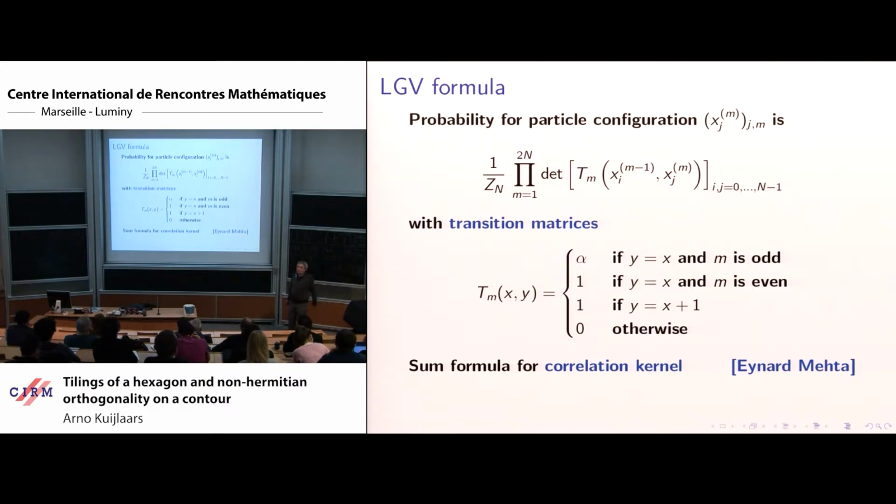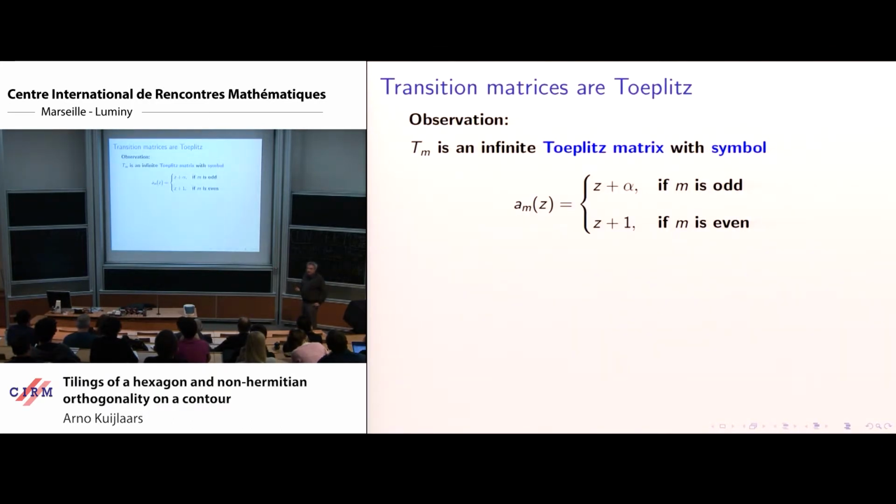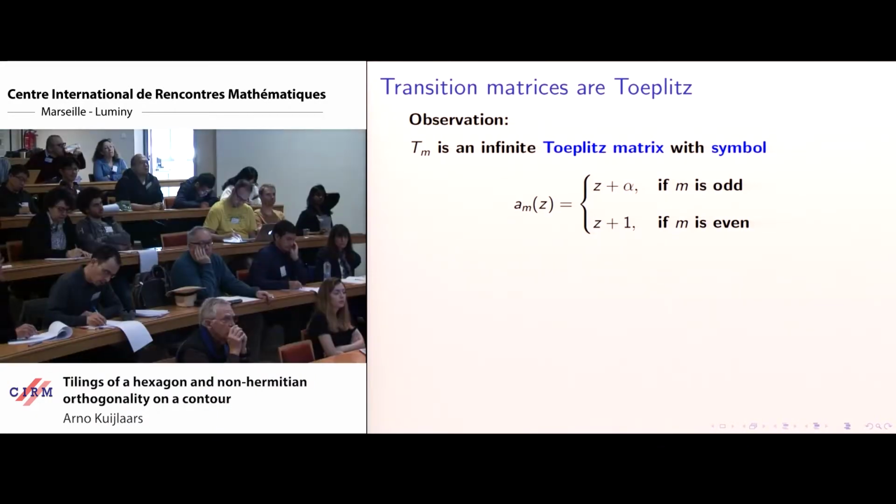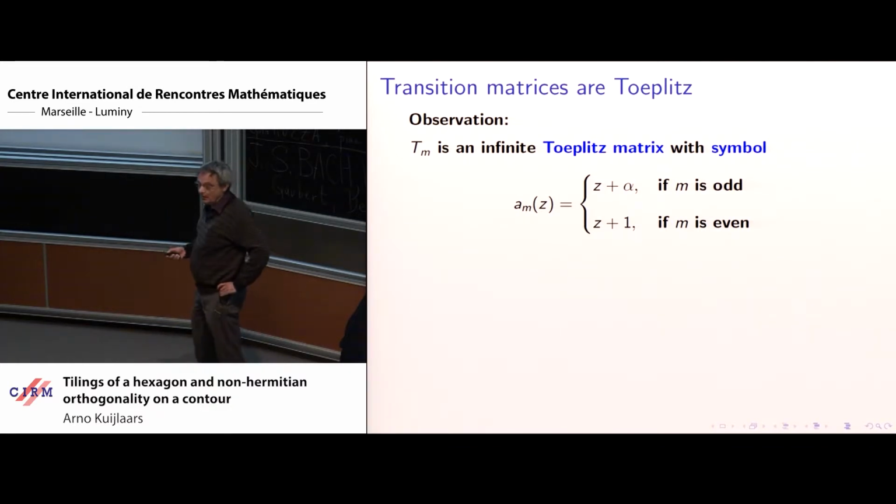Right? They're Toeplitz matrices, infinite Toeplitz matrices, and in earlier work with Maurice Duits, we considered such a situation. And we found other formulas, right? From the Eynard-Mehta formula, we found integral formulas, which I will present in a minute. So here we have these two infinite Toeplitz matrices, and you have a symbol that's associated with such a Toeplitz matrix that is, in our case, just a simple linear polynomial.